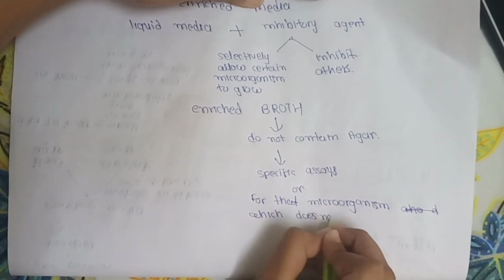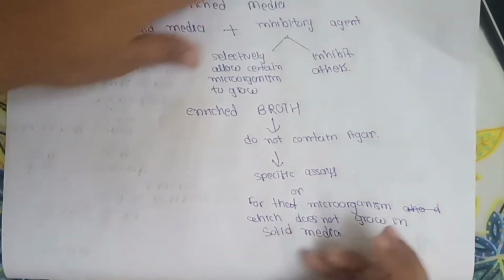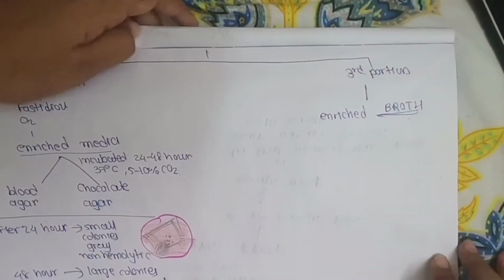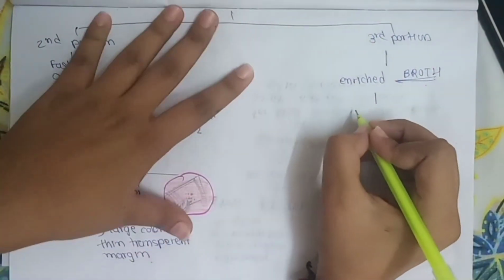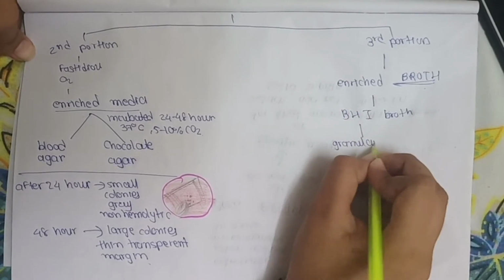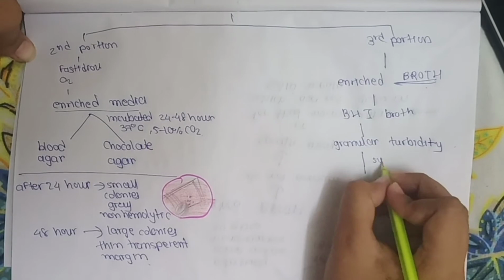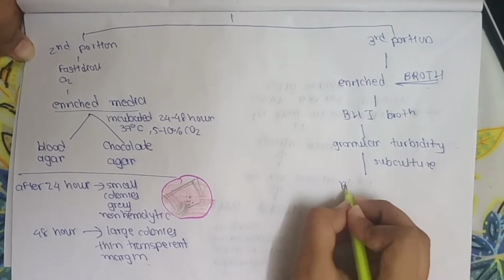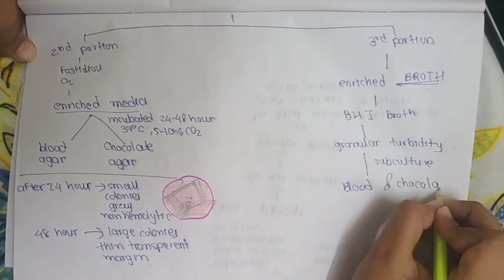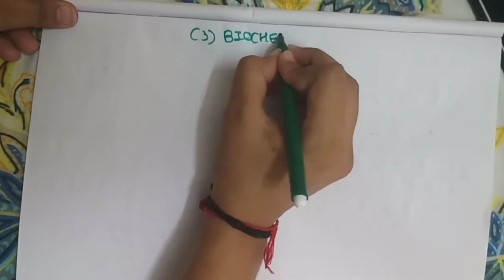So I hope that enriched media and enriched broth are clear to you. In the third portion of the CSF examination, we use enriched broth such as BHI, brain heart infusion broth, and incubate overnight till granular turbidity comes, and then we subculture on blood and chocolate agar. The result you know.